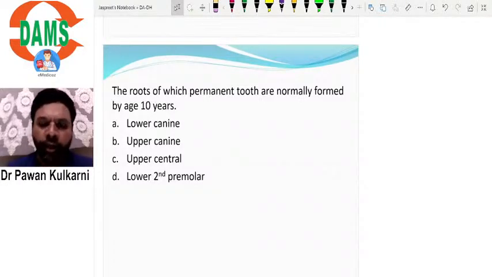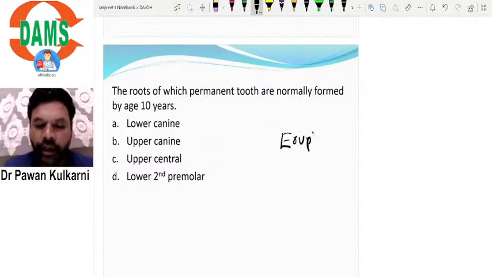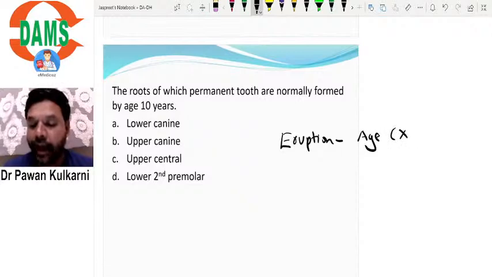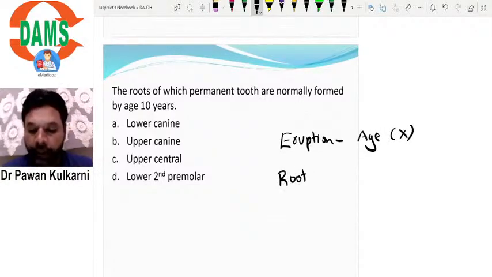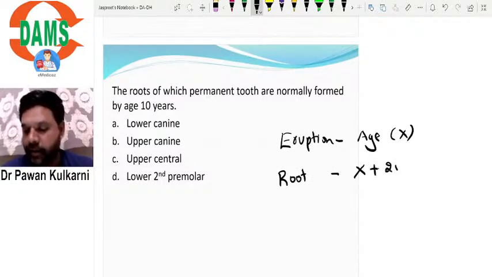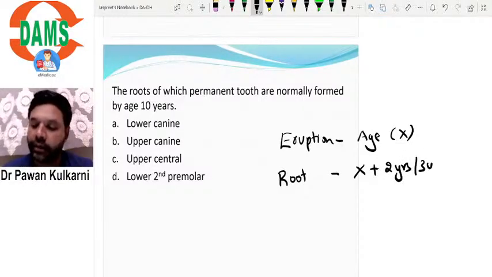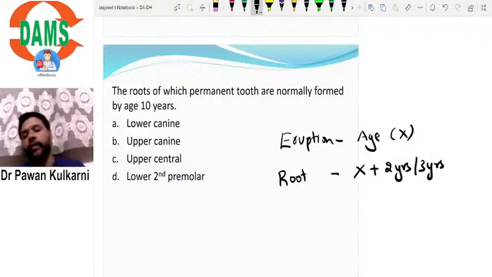Generally, suppose permanent tooth eruption is at some age X. Root completion for a permanent tooth is at least X plus 2 years, minimum 2 to 3 years. Root formation occurs at X plus 2 to 3 years.